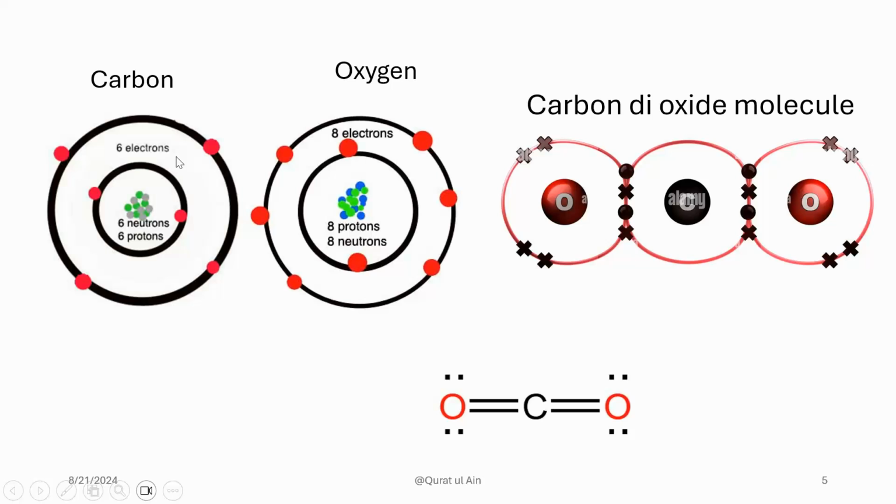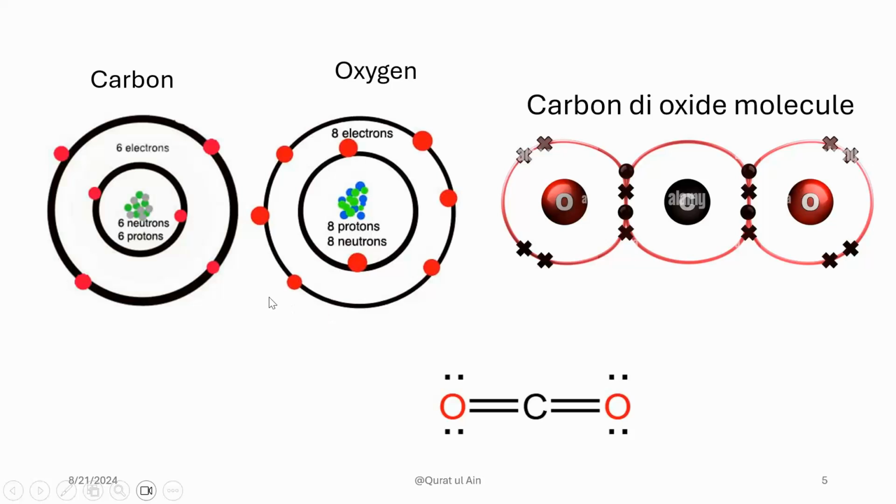So what will happen once this carbon comes closer to the oxygen molecule? Oxygen also has unpaired electrons present in its outer shell. But the thing is that oxygen has 2 extra electrons in its outer shell.